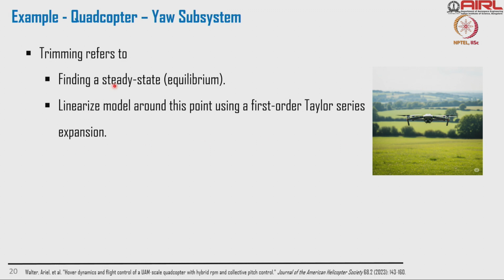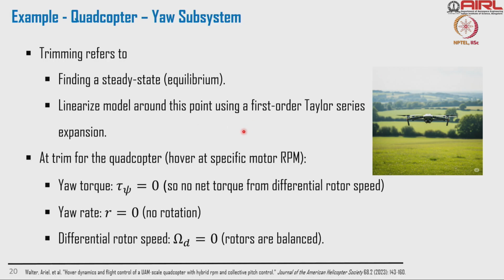We are trying to find out steady state, right. I am trying to linearize the model around that and try to get the expression. So, here I do not want any torque to be present, right. I do not want the aircraft to spin about it, the yaw rate should be 0, I do not want any rotation, I do not want a differential rotor speed, so that I can just be level and flying straight.